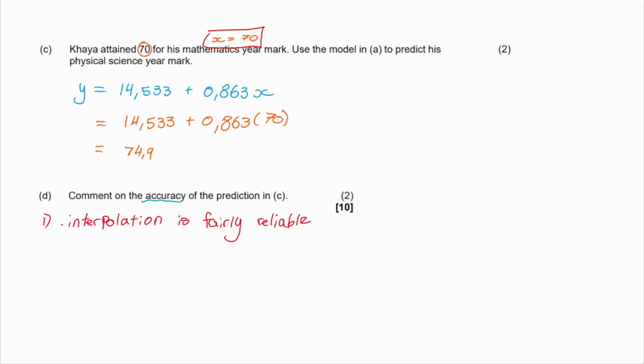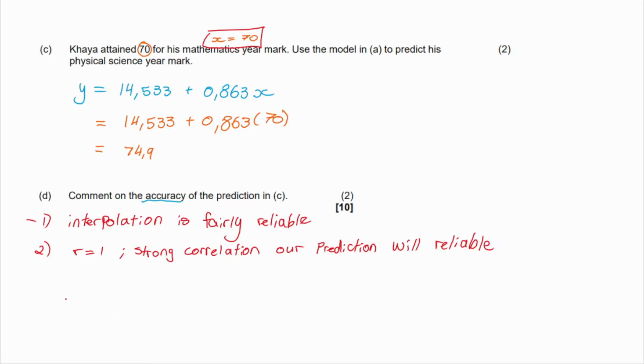If you just say everything here in this line, you would get 2 marks. Another option is you can say that R is equal to 1, so it's a strong correlation, so our prediction will be reliable.